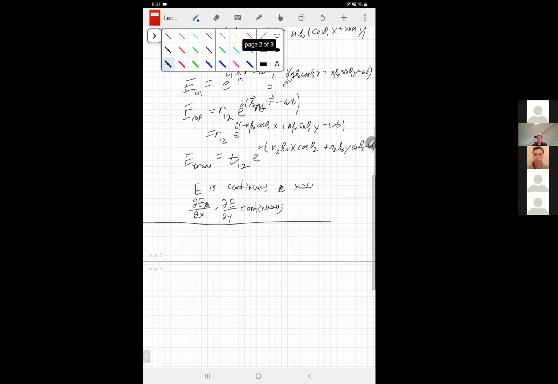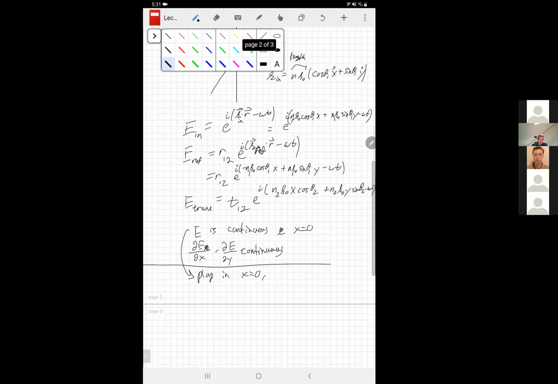If I plug in X equals 0, the field on the left side is the incoming plus the reflected.